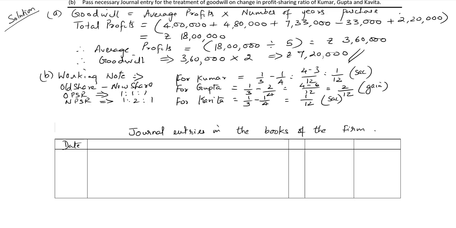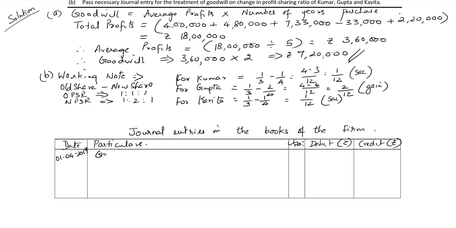Date, particulars, LF number, debit rupees, and credit rupees. The date is 1st April 2019. We need to debit the gaining partner and credit the sacrificing partners.